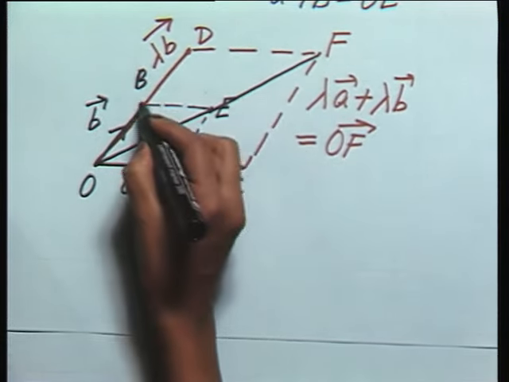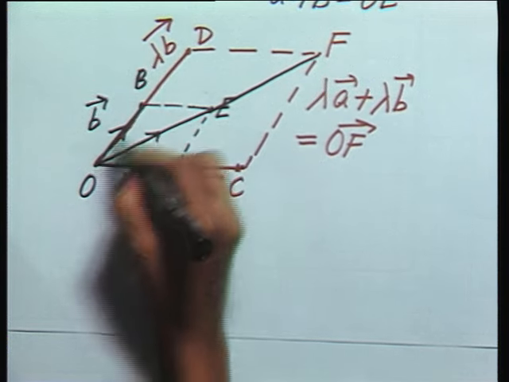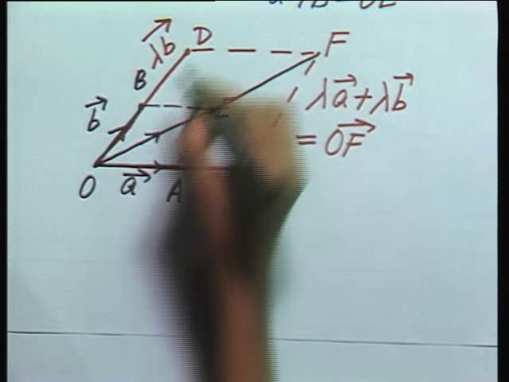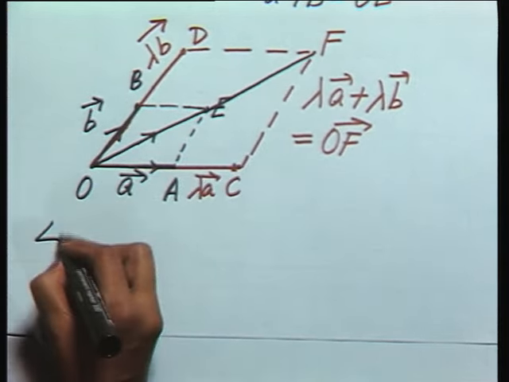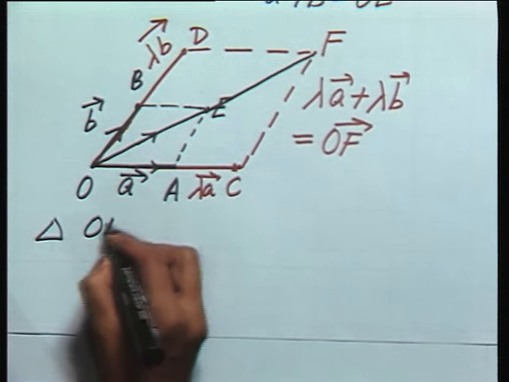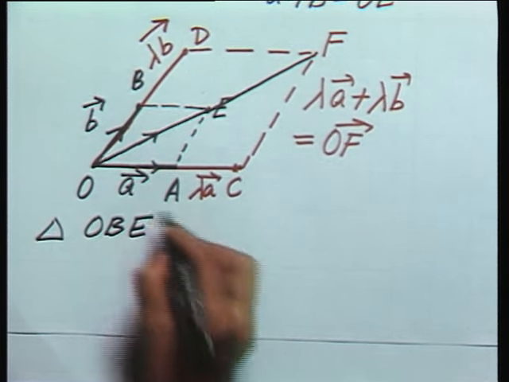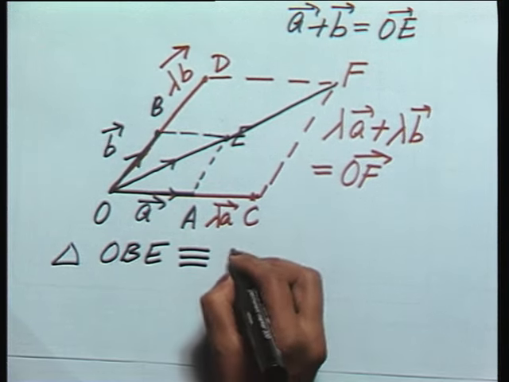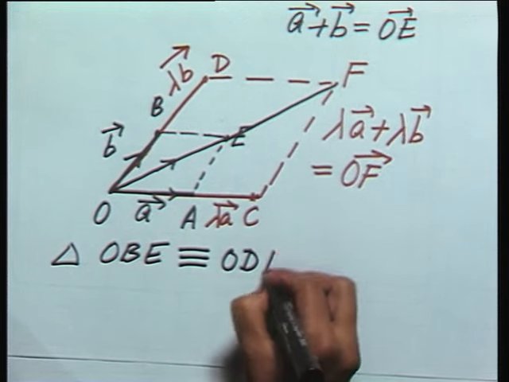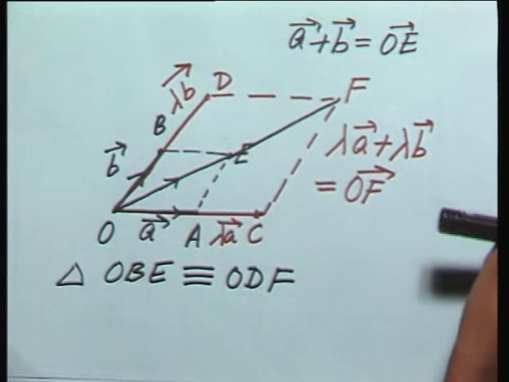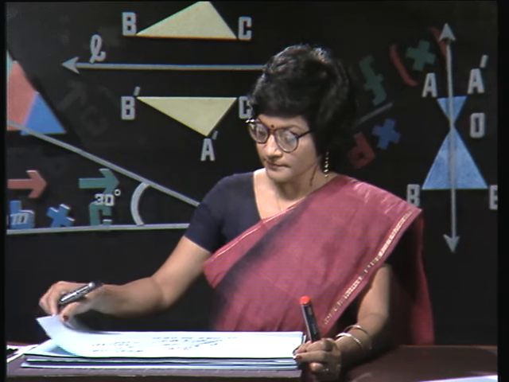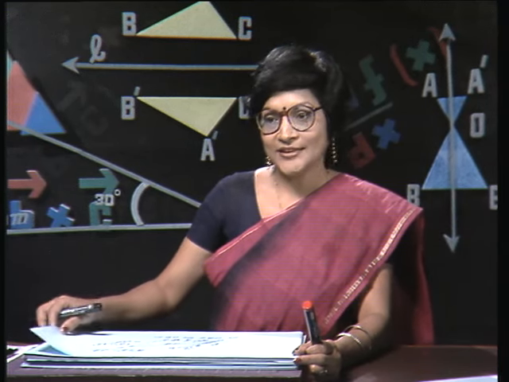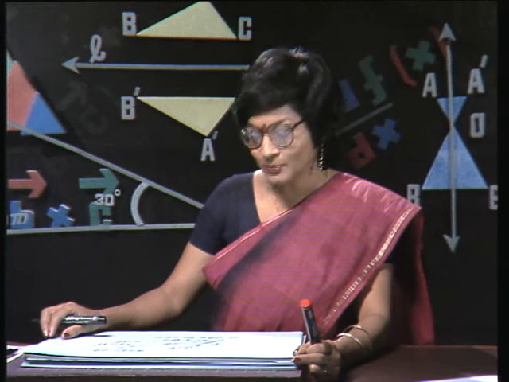We have here similar triangles OBE and ODF. The triangle OBE is similar to the triangle ODF. And that means that the corresponding sides will have to be proportional.